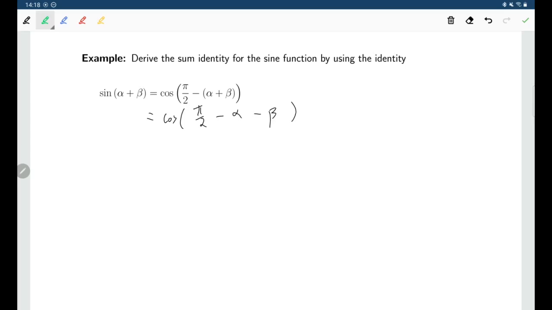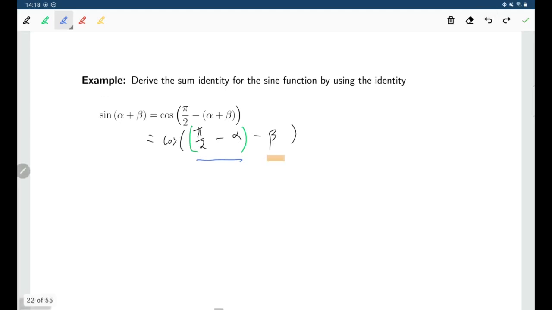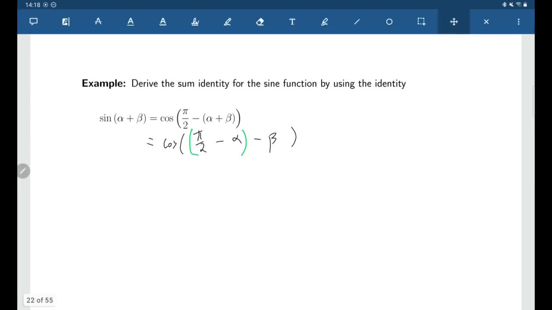So I really have now a difference of two angles. The first angle is pi over 2 minus alpha, the other one is beta, and I'm looking at cosine of this difference of angles, and I know exactly what to do.